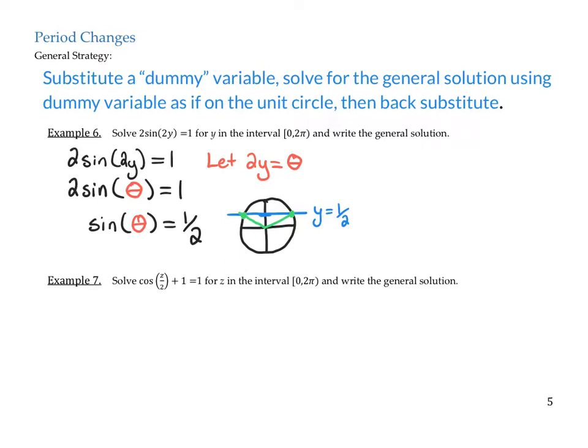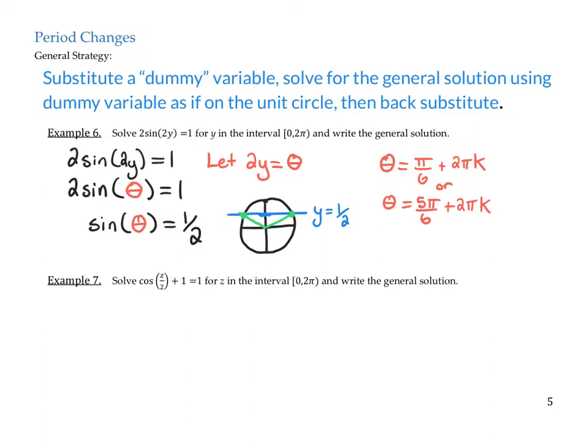So now I say that theta equals pi over 6 plus 2 pi k, that's going to be my general solution, or theta equals 5 pi over 6 plus 2 pi k.